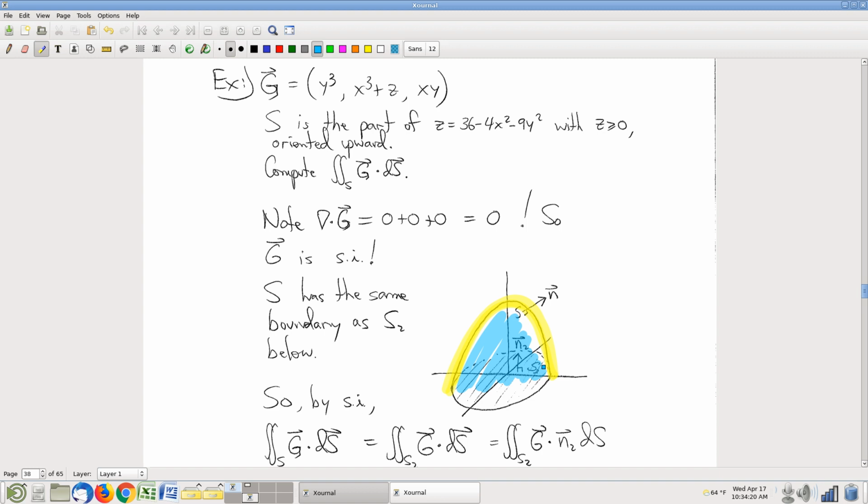The boundary of that blue solid is the whole yellow thing, but then also includes this piece on the bottom. It includes this part of the XY plane. That's not part of our surface.